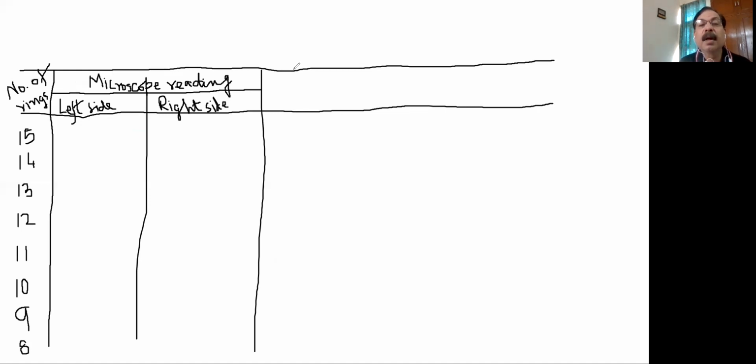Okay, and in this third column, you will write the diameter in centimeter.